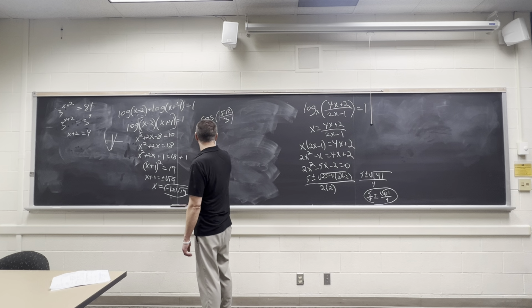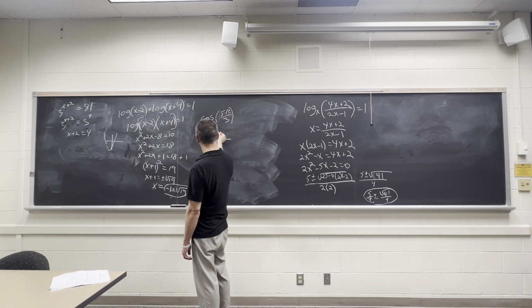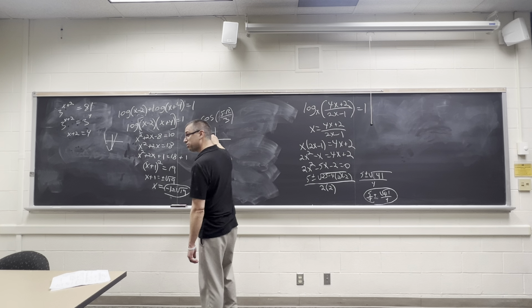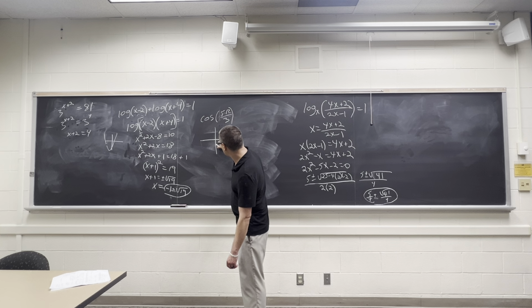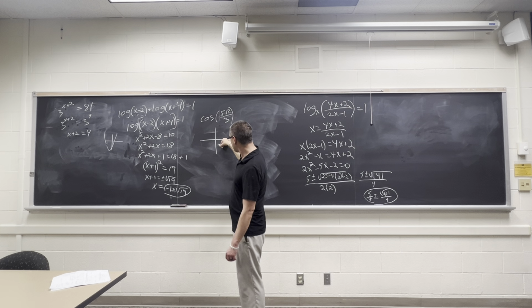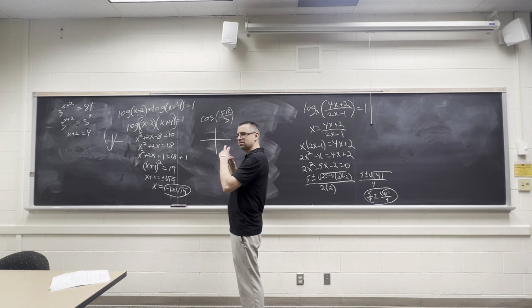So 1 pi over 3, 2 pi over 3, 3 pi over 3 is pi, 4 pi over 3, 5 pi over 3, and then 6 pi over 3 brings you back. So 5 pi over 3 is in the fourth quadrant. Cosine is the x, the horizontal, on the unit circle. And is x positive or negative in this quadrant? It's positive.